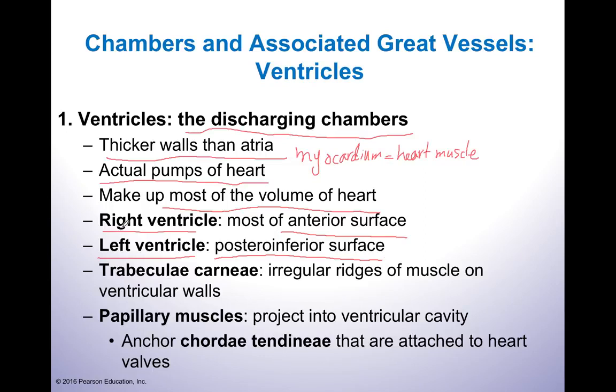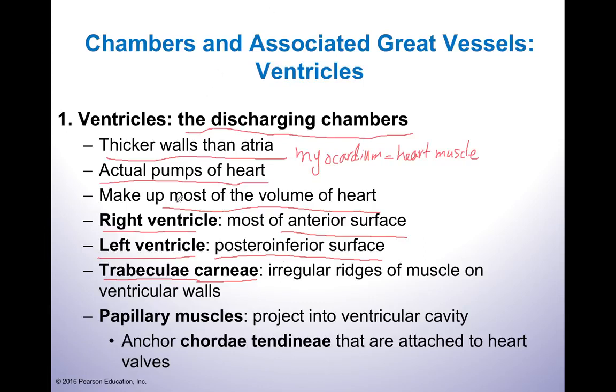Now, inside the ventricles, we have muscles that are very similar to pectinate muscle we discussed for the right atrium, but in this case they're called trabeculae carneae, which are basically irregular ridges of the muscle in the ventricular wall. Analogous to the ridges of the muscle we see in the right atria called pectinate muscle.